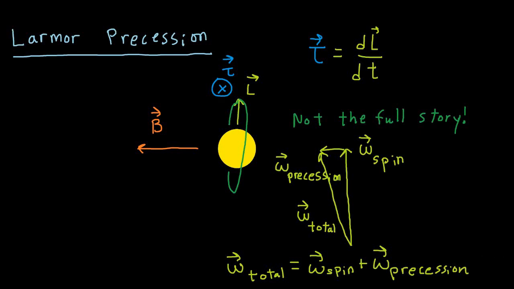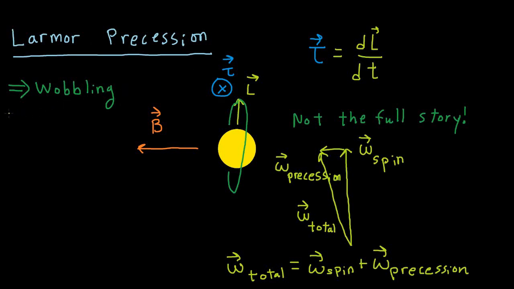This makes the full behavior of the electron a lot more complicated. And what it will do is it will introduce a bit of wobbling. That's not the technical term, but that's essentially what it does.